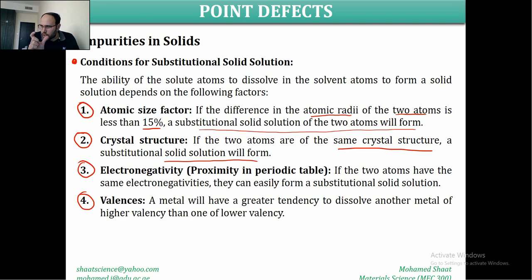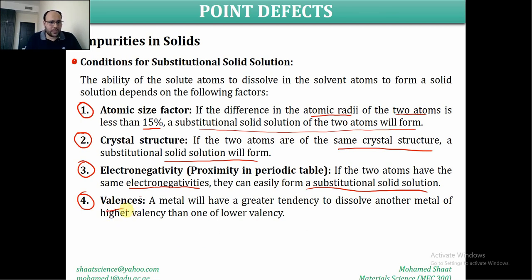It is a number that is well known for all elements. If the two atoms have the same electronegativity number, or very close, they can easily form a substitutional solid solution. But if the difference between these numbers is huge, there would be difficulty achieving a substitutional solid solution by these two atoms or materials.